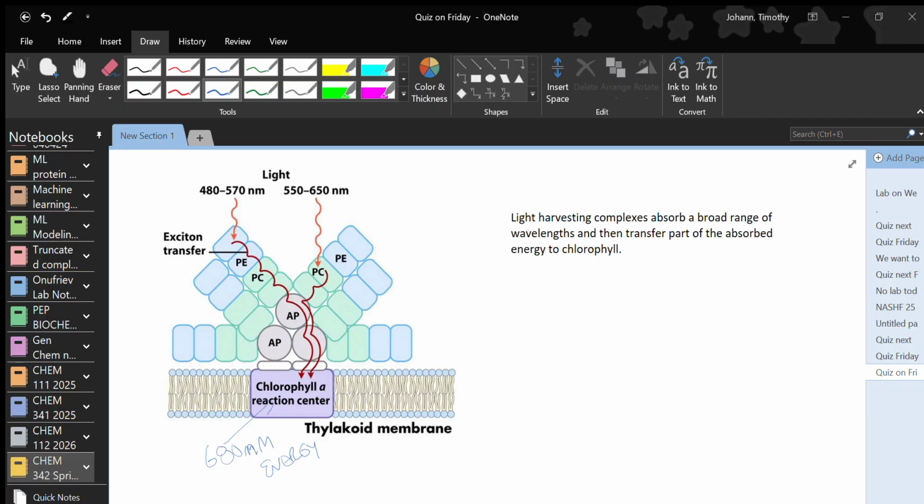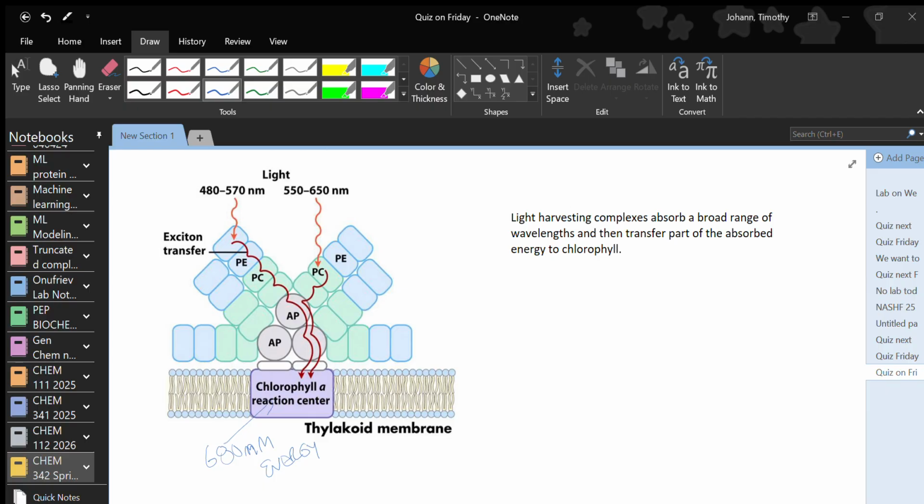Is this one of the complexes? Like, isn't there a 720? The complex is here, right? This is not part of that complex. This is absorbing the light to bring it in. We have photosystem 1 and photosystem 2, but we're not going to worry about that.